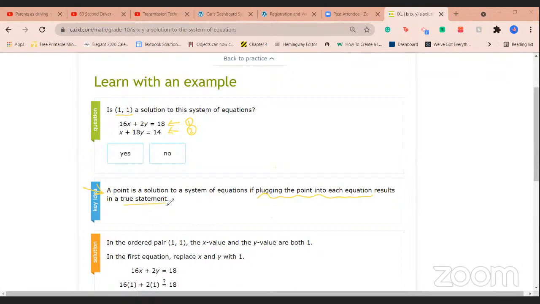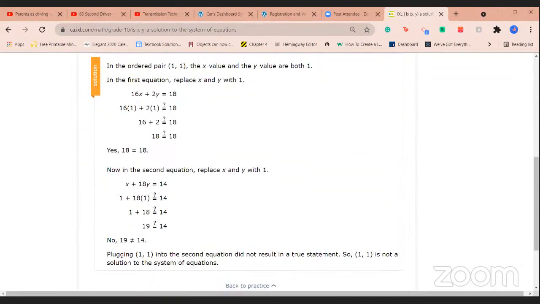Teacher, can I say something? Sure. Okay, so basically, there's two equations, right? And there's x and there's y. So basically, the coordinates are x and y. What does the question ask again?